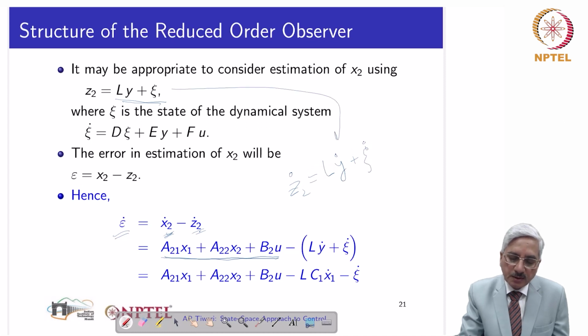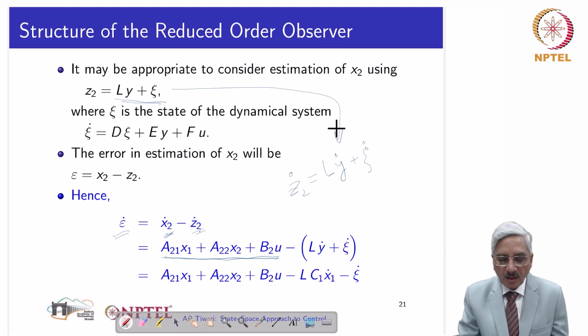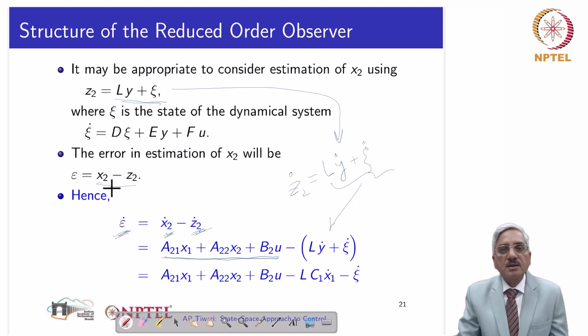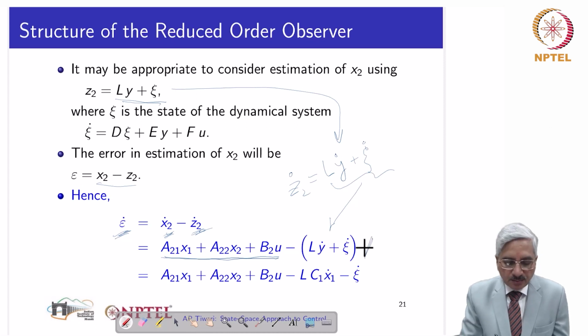This follows from here. So we substitute that in place of z2 dot. So the dynamics of the deviation of the observer state from the actual system state is governed by this equation, and this simplifies to this one.